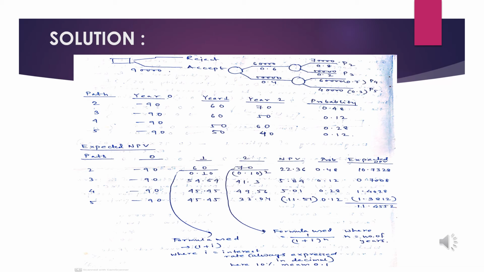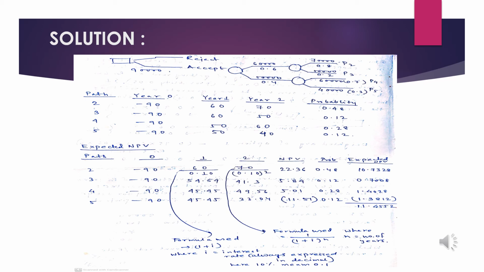If I continue on the path of 2, that means 60,000, which needs to be transferred into, should I say, the present value. That needs to be divided by simply 1.1. And very similarly, for year 2, the value should be 70 divided by 1.1 whole to the power 2.